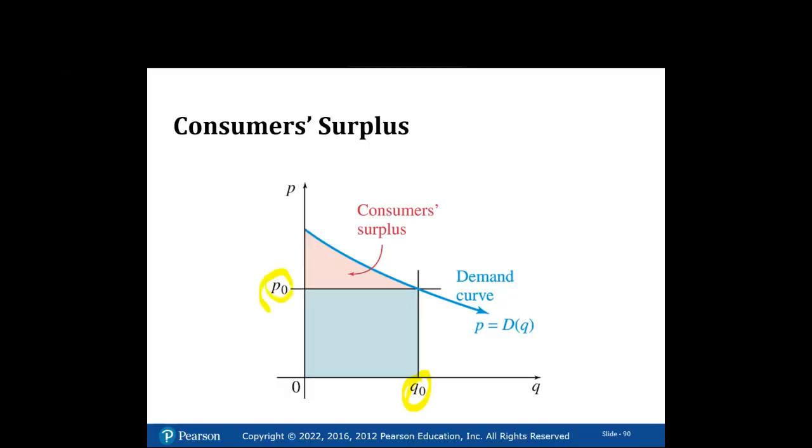Everyone is willing to pay that P0 price. So that intersect between the P and Q here, that's going to be our equilibrium. So the total amount everyone would pay is the price times the quantity, or P0, Q0, this is our green area here. This is actually the exact total that everyone together pays when the items sell for price P0.